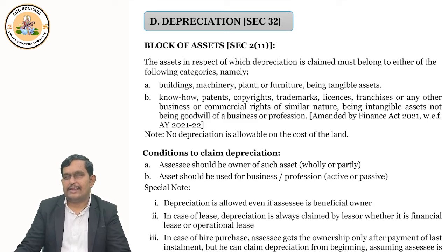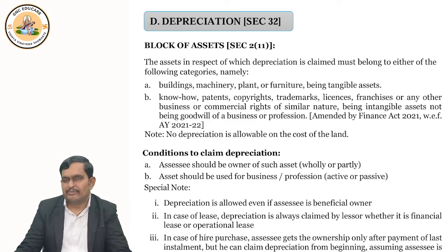Now, depreciation is given on all assets, or I can say all fixed assets. Suppose there are a lot of expenditures, like salary, rental expenditure, printing and stationery expenditure. Will you claim depreciation on that? The answer is no. You will claim depreciation only on fixed assets.